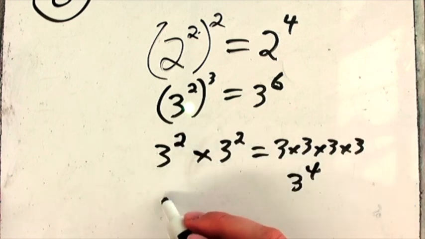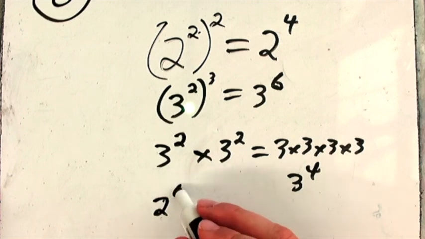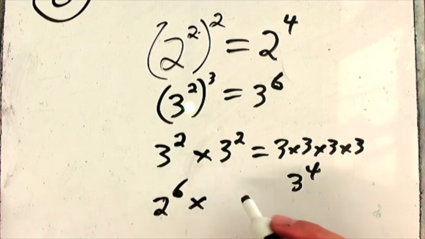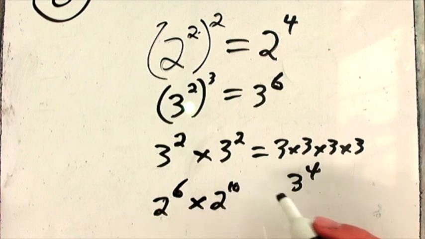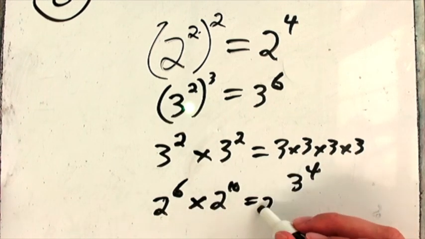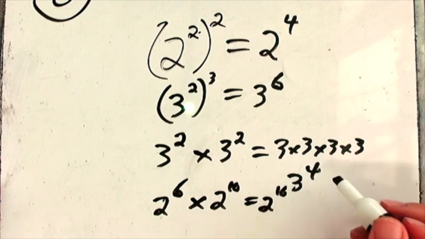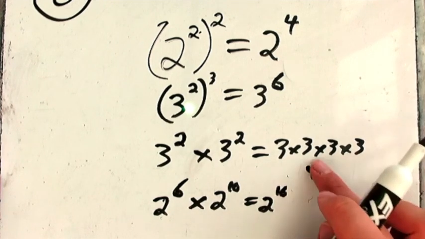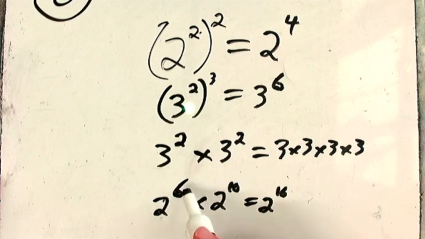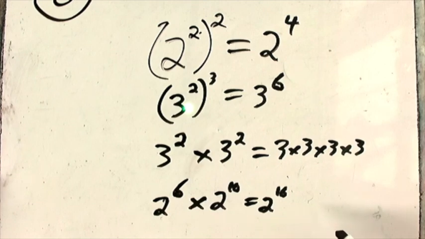Let's give another example. Let's do 2 to the 6th times 2 to the 10th. Well, rather than writing that out that many times, I'm just going to add those two numbers, and I'm going to say 2 to the 16th there. 2 to the 6th times 2 to the 10th is 2 to the 16th, because you add those together.